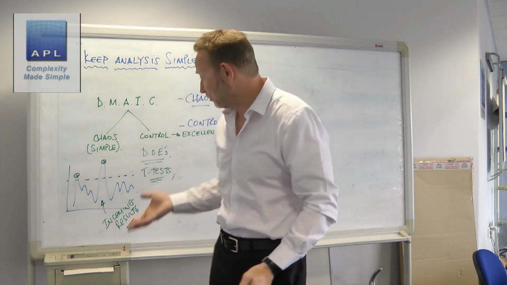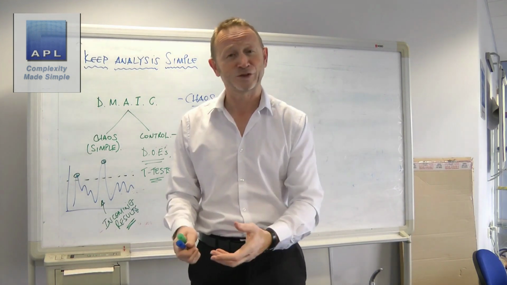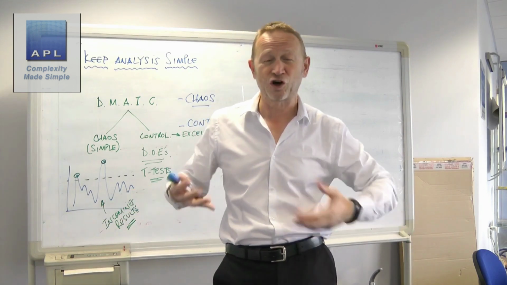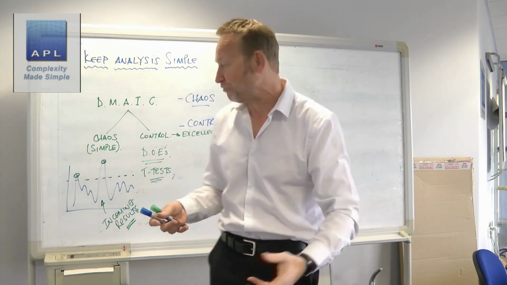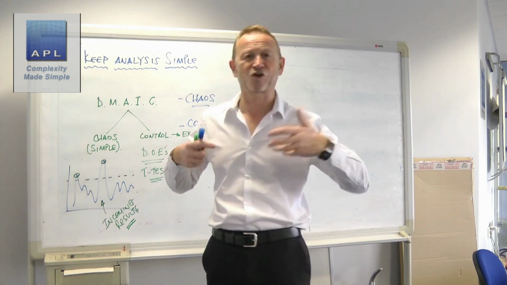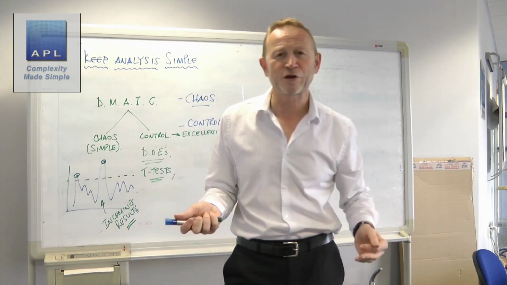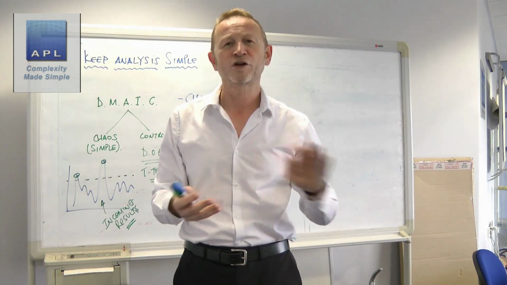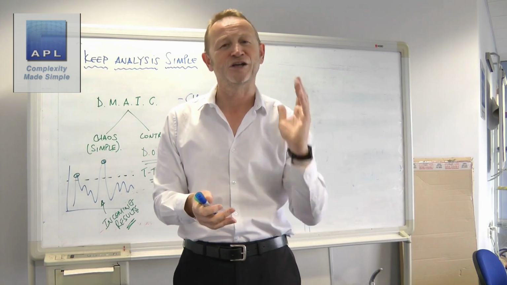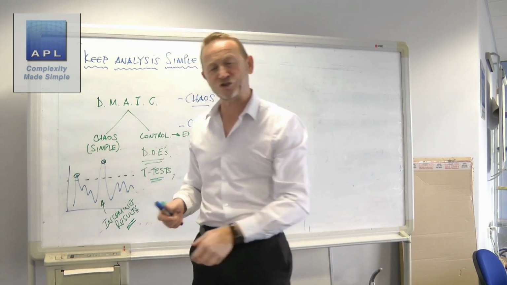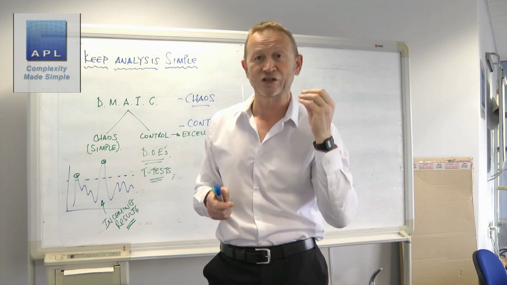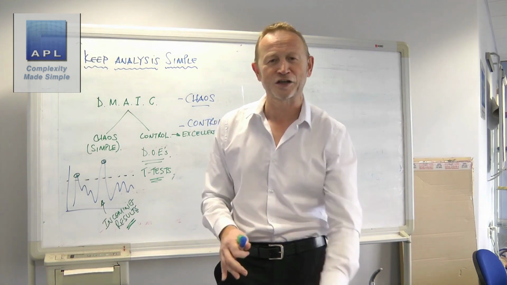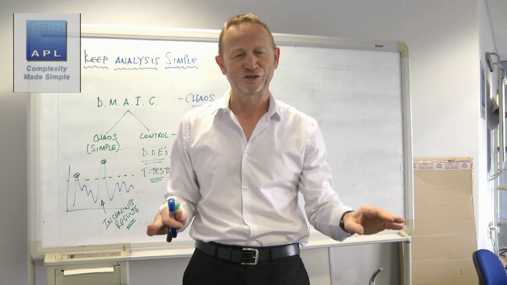And I find too many people, they won't use the simplest tool, use a run chart, use a graph, maybe turn it into an SPC chart later if you really want to, but it's not necessary. And they want to start doing t-tests and hypothesis tests and goodness of fit tests and the Anderson-Darling test for normality. All of that is nonsense and not needed. Get your process under control, keep your analysis simple and visual, and you will find 90% of the time that's all the analysis you'll need to do.